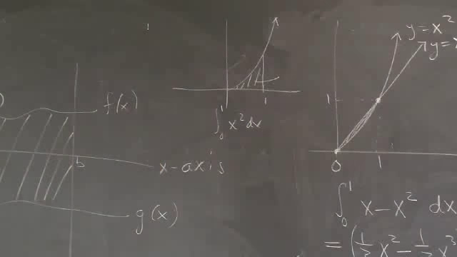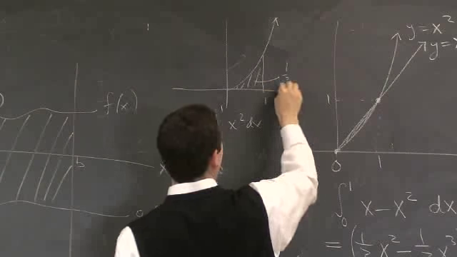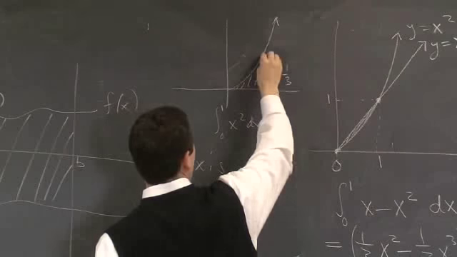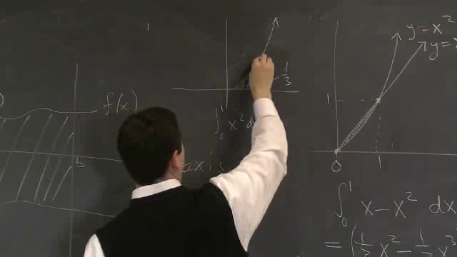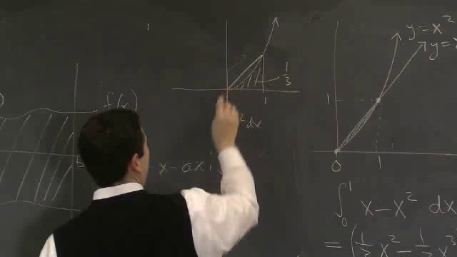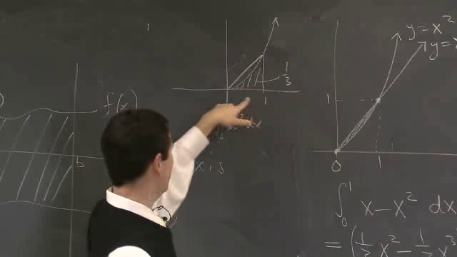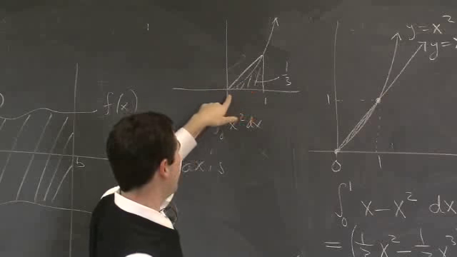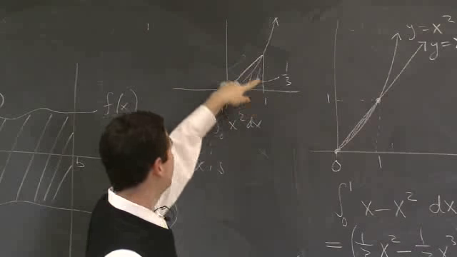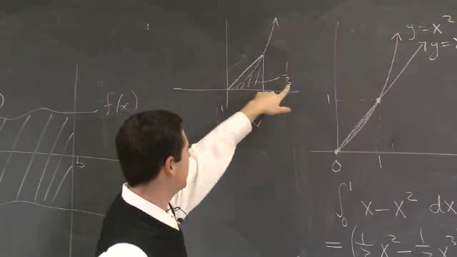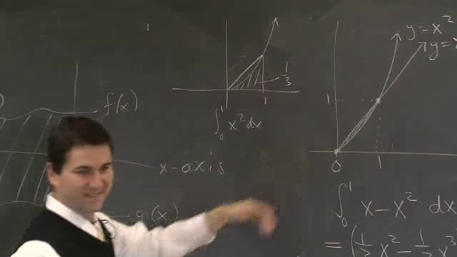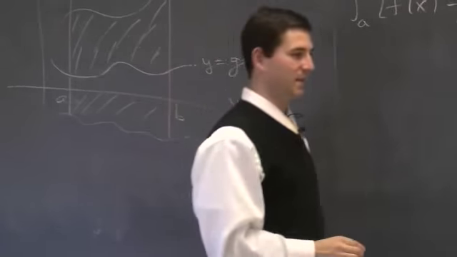I was so impressed by this. It was 1/3. And of course, if we draw the line y equals x here, that gave us a triangle. That's how we approximated it. That triangle is height 1, base 1, so the area is 1/2. So the missing area must be 1/2 minus 1/3, which is 1/6. No? Okay. But nonetheless, there it is.